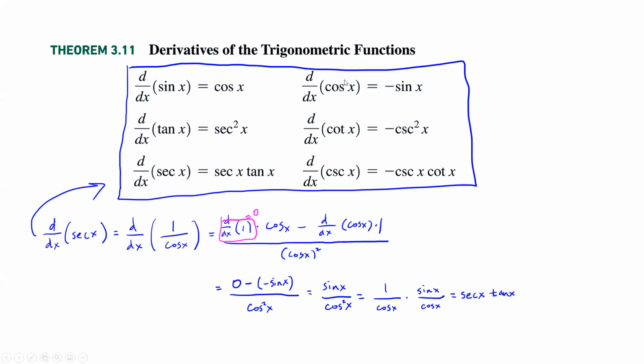You notice that all the ones here on the right side have a negative in front of them, right? So all the ones that have a cosine, cosecant, cotangent, they're all negative. So that's an easy way to remember it, and they're all kind of similar to what we see over here on the left side, right?